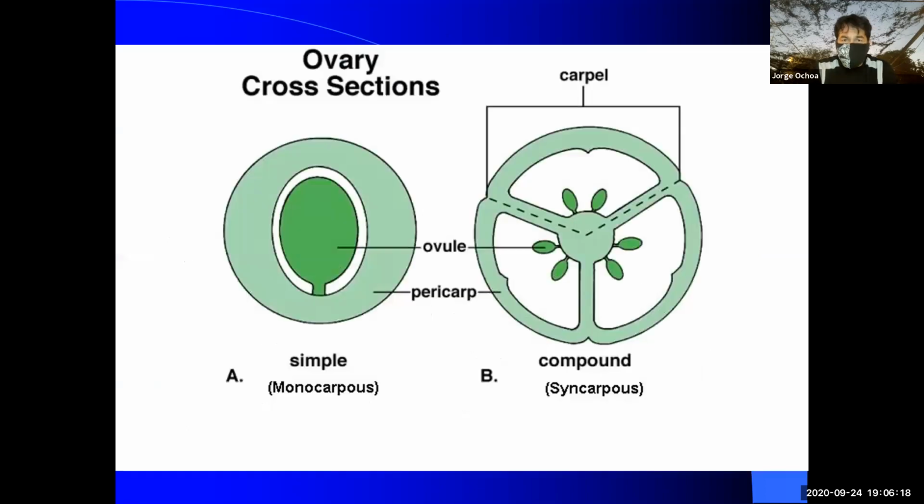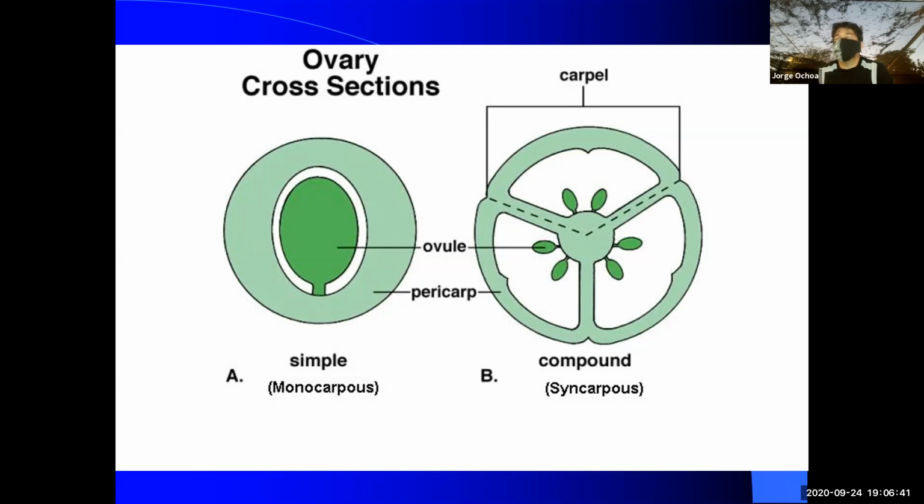So if we look at the carpel or the ovary, it's nothing more than a compartment that is going to have the different ovules. And depending on the specific plant, sometimes you can cut the ovary into segments or into sections. Sometimes it's just going to be one ovule that later becomes a seed.